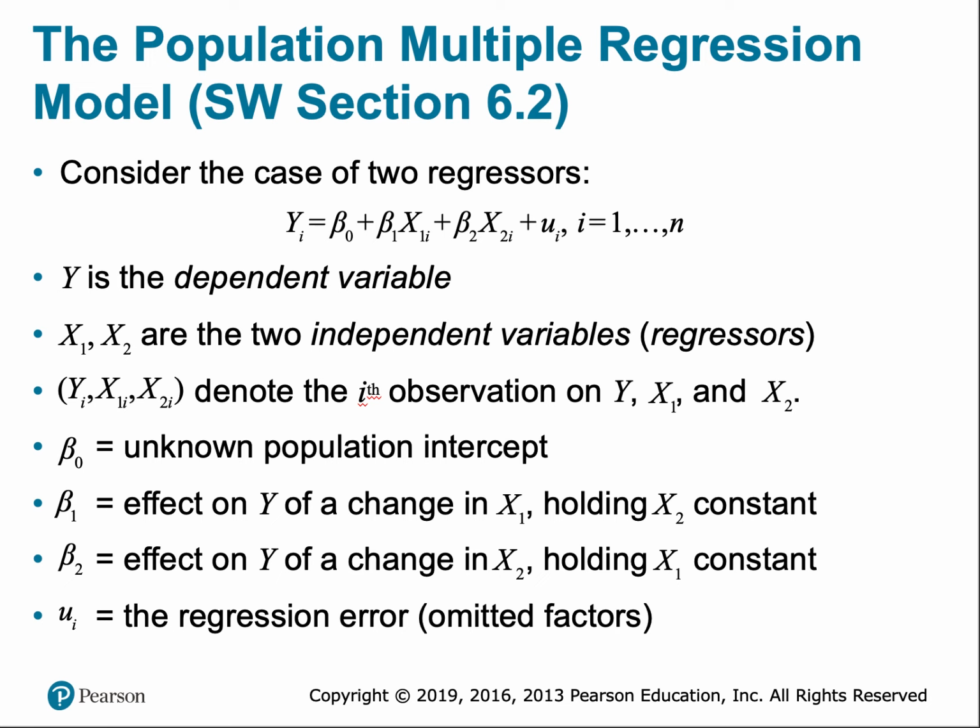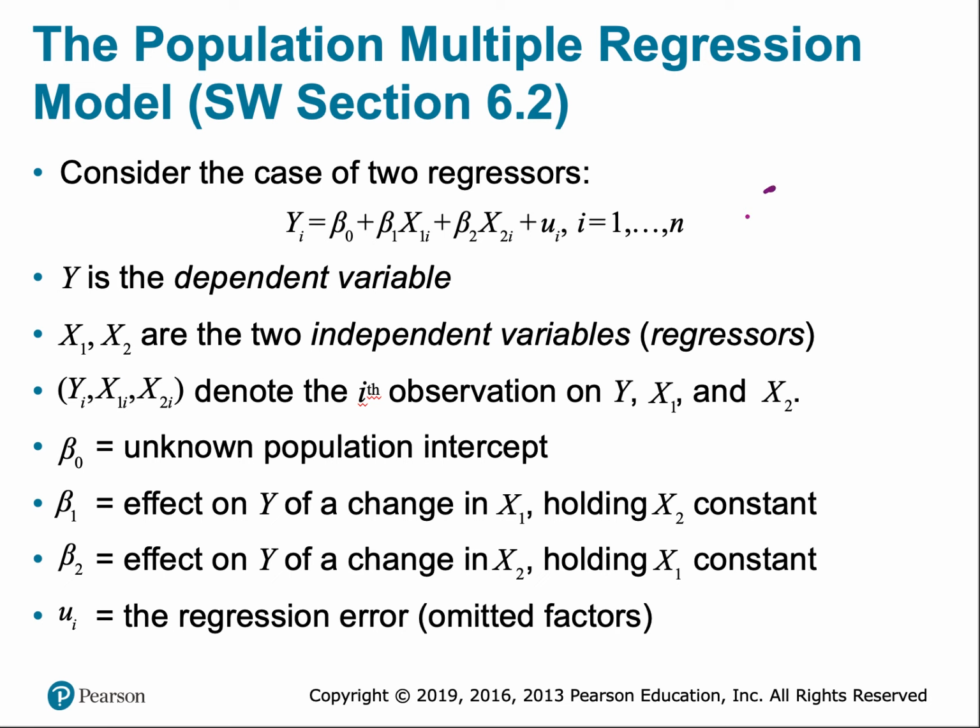We will consider the case of two regressors, and the case of two regressors extends very nicely to multiple regressors. So for the case of two regressors, our population multiple regression model is this equation.